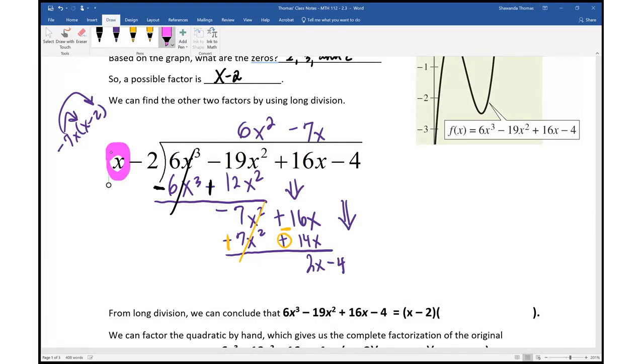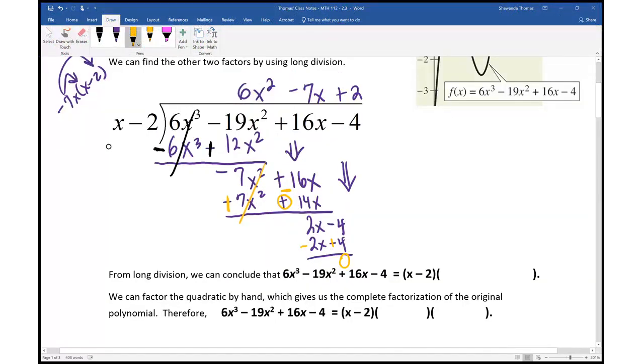What times x is 2x? Well, only 2. So we're going to put positive 2 up here, multiply that 2 times the entire divisor to get 2x minus 4. And then we're going to change the signs. That becomes negative and positive. We get 0. So what does this mean?